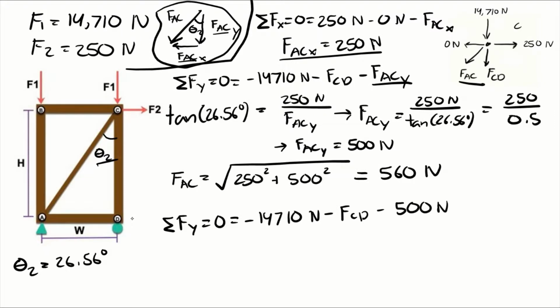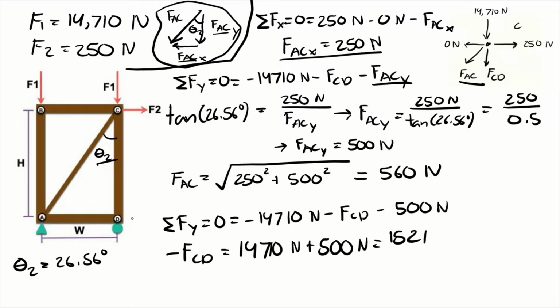This makes it so F sub CD, or negative F sub CD, is equal to 14,710 newtons plus 500 newtons, which is equal to 15,210 newtons.